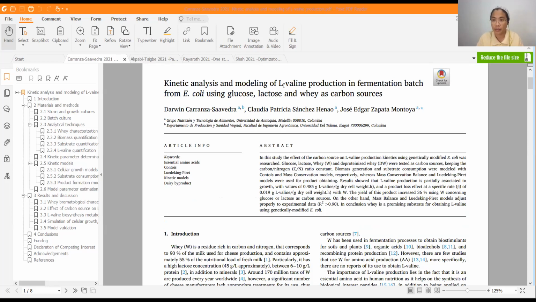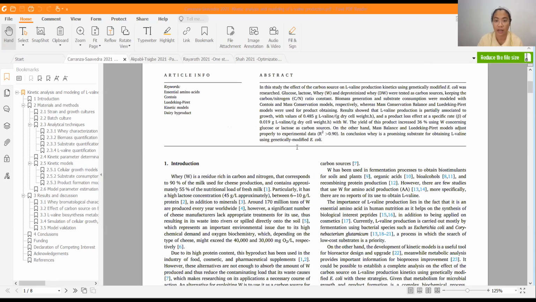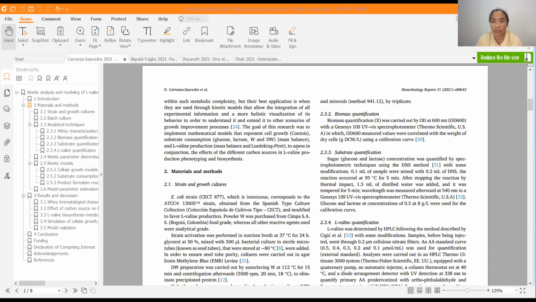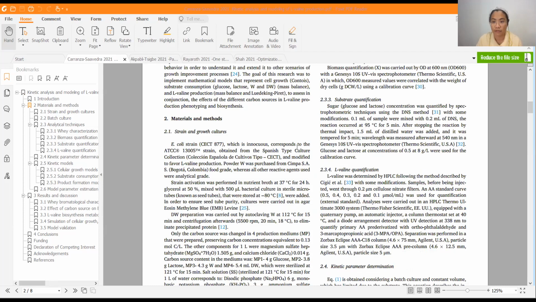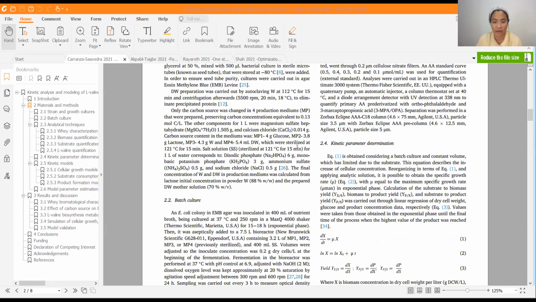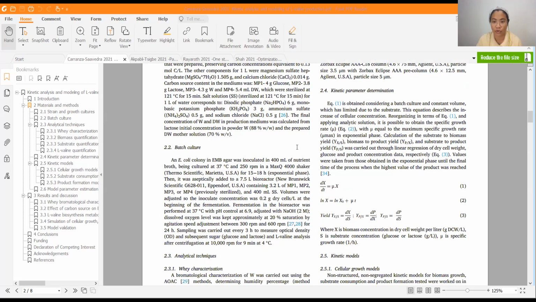Even though the paper itself says it's kinetic analysis, there's a lot of statistic involved. When we see the words kinetic analysis and modeling, it is basically trying to fit the curve. In this paper, you don't have to read it, like I told you.